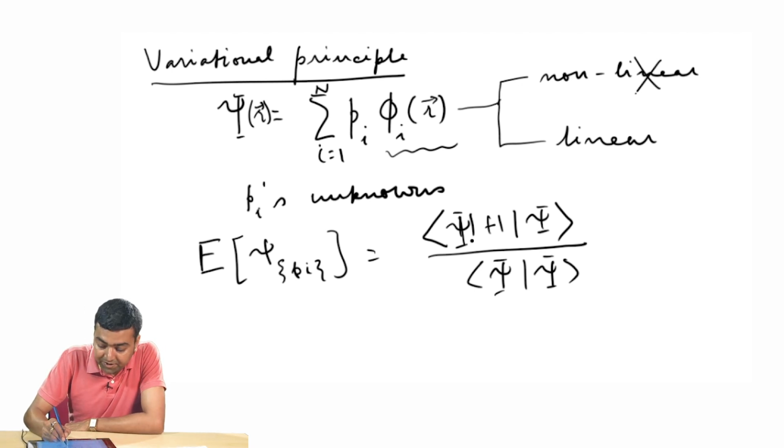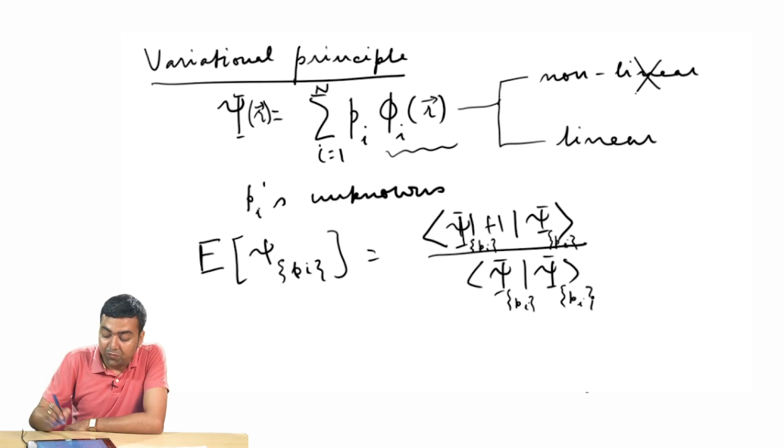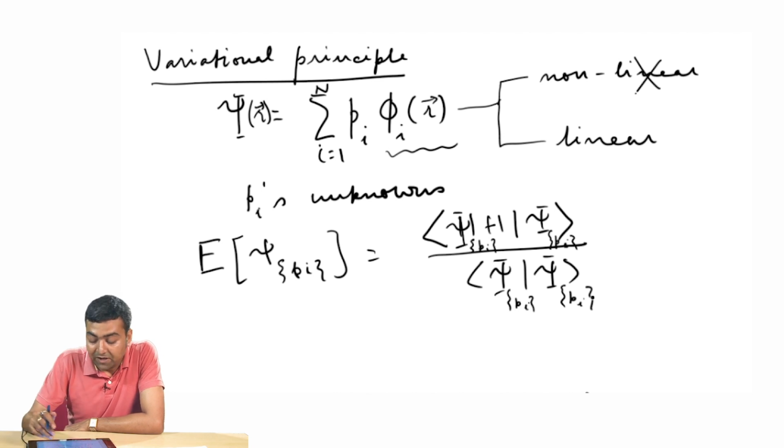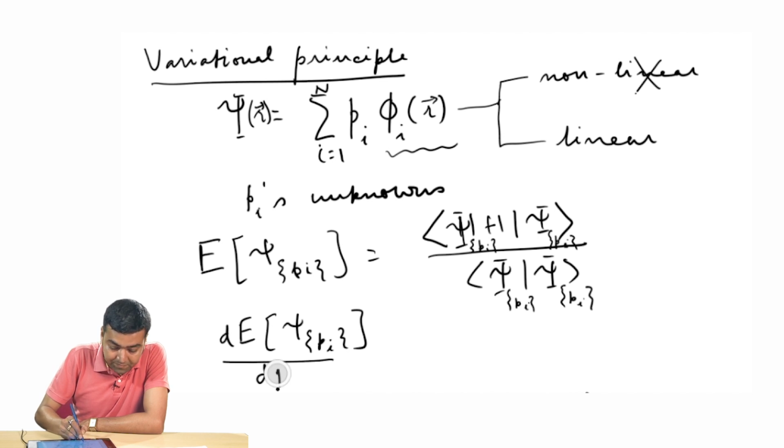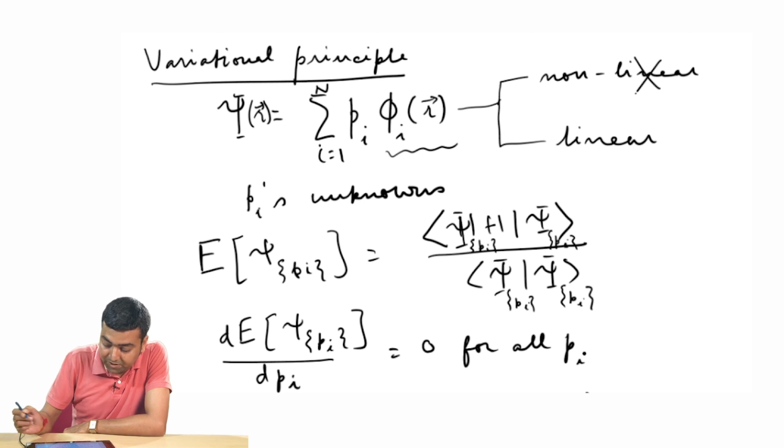Each of these psi's depends parametrically on p i, where the p i's are unknown. If I minimize this functional with respect to p i, mathematically it means dE of psi by dp i is equal to 0 for all p i.